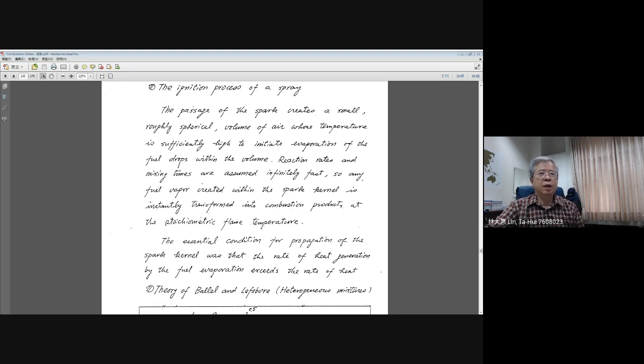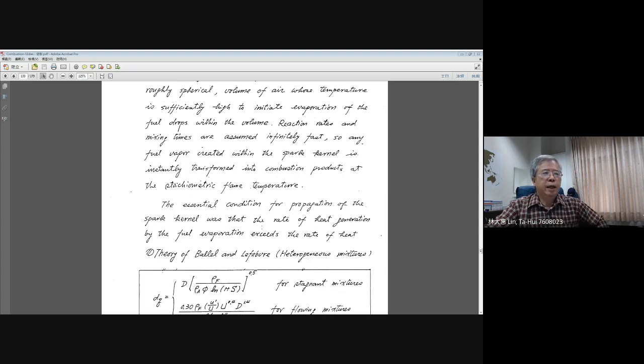We do not think about a finite chemical reaction rate and a finite mixing time. Then the essential condition for propagation of the spark kernel, that is, for initiating the ignition process, depends on the balance between the rate of heat generation by the fuel. It generates fuel vapor and creates chemical reactions by mixing with oxygen and reacting.